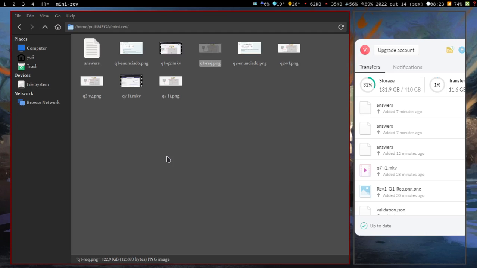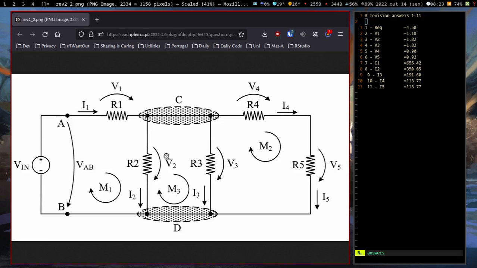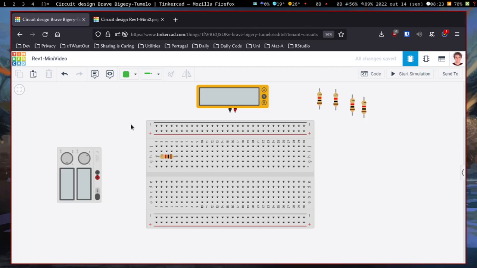Okay, let's see what is needed. First of all, we have R1 and a node.